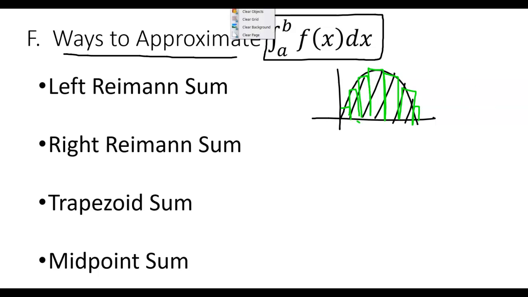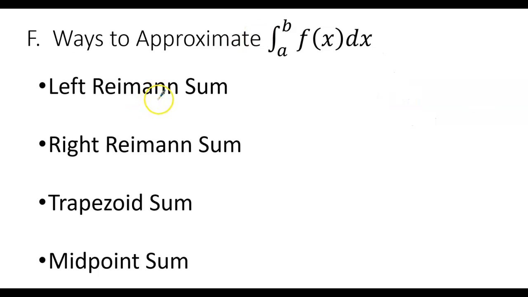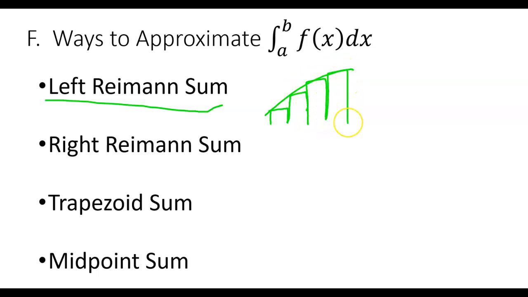Okay, so there are 4 ways to estimate the area under the curve. Left-handed Riemann sums: that's where, when you have a curve of some kind, the left edge of each rectangle touches the curve. With a right Riemann sum, that's where the right edge touches the curve.